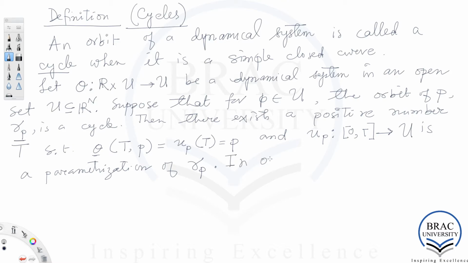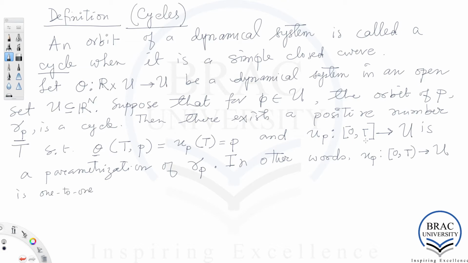In other words, this curve, right, from, now this is a half open interval, to U is 1 to 1.